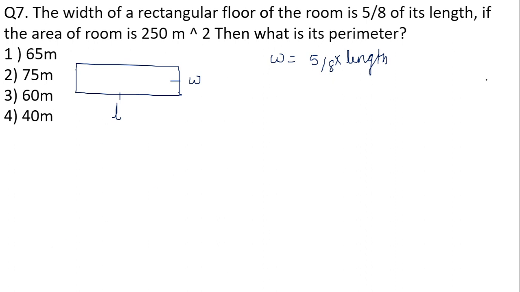Yes. Width is equal to 5 by 8 times of L, which means 5 by 8 into L. Next, the area of the room given here is 250 meters square, and we have to find the perimeter for the given question.